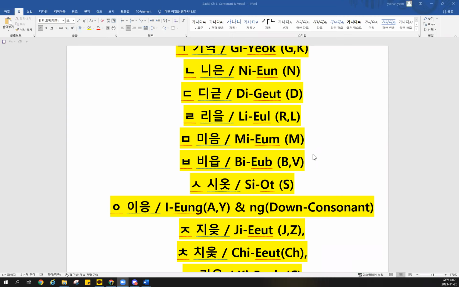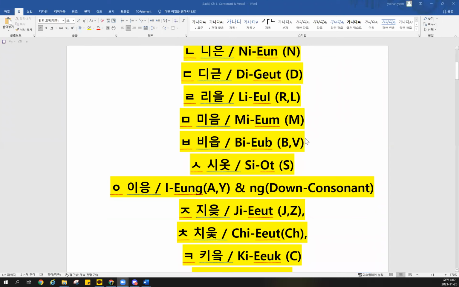But as I told you, we don't have a v sound, so you can write it with B and V, but the pronunciation is going to be pa. Okay, next one, 시옷. Sounds like 서. So you can write it with S.